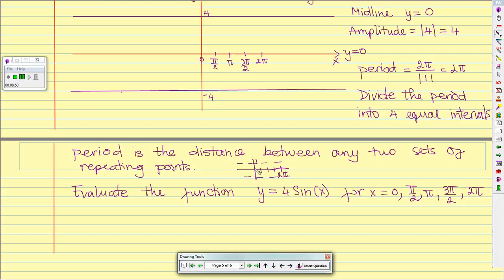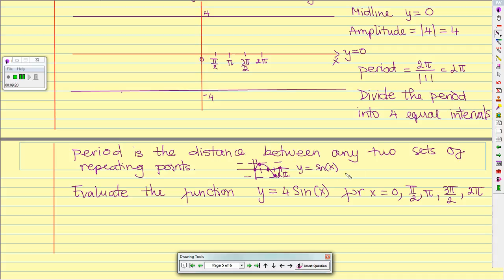So you plot your number of points: y equals 0, y equals 1, y equals 0, y equals -1, and y equals 0. So this will be your set of 5 points. So right now this will be the graph of the parent function y equals sine of x.